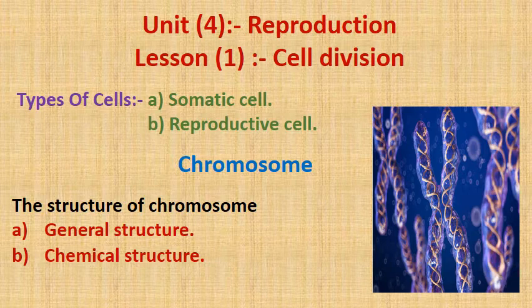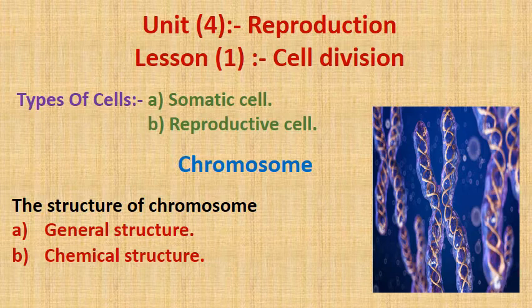We knew from the previous year in the science curriculum that each cell contains a nucleus, and each nucleus contains bodies inside it called chromosomes. And the chromosome is the body that is responsible for cell division. So what is the chromosome and what is the structure of chromosome? That we will know now.